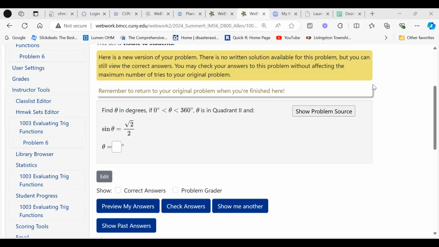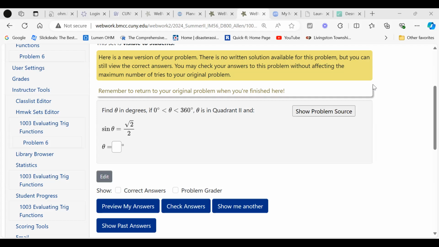So we know for sine theta to be radical 2 over 2, the reference angle must be 45 degrees. And then it's in the second quadrant. So you can draw it, right? Based on the special angle. And we know that this reference angle is 45 degrees.